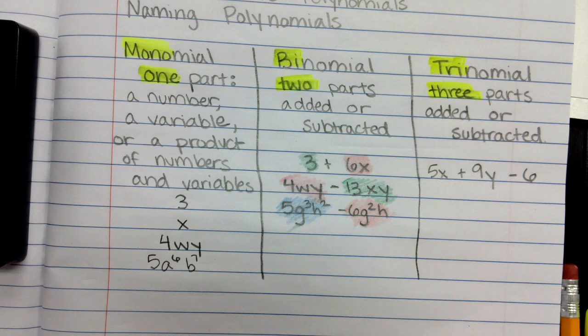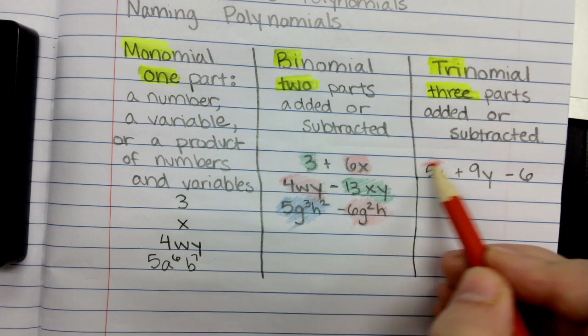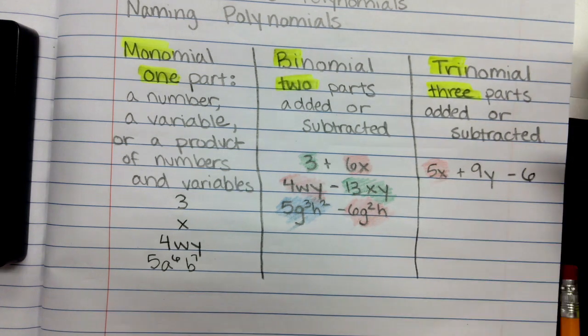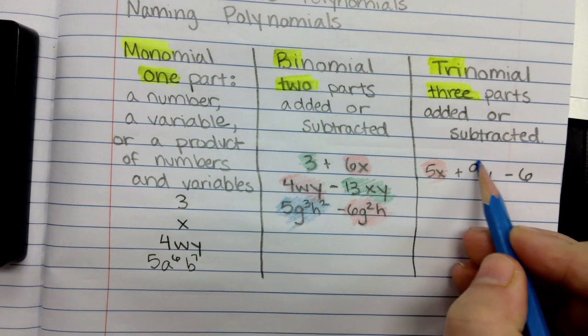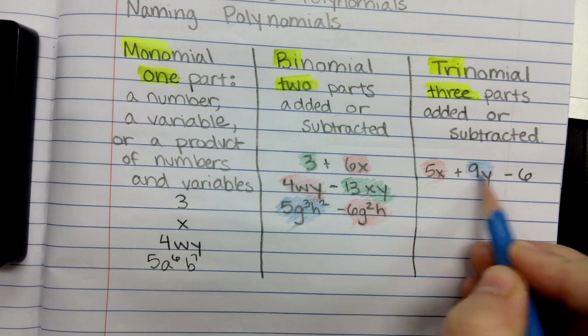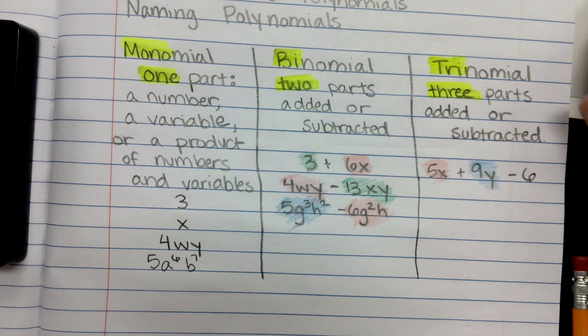Okay, let's just do one more. So if I have x squared minus 6x, are any of those like terms?